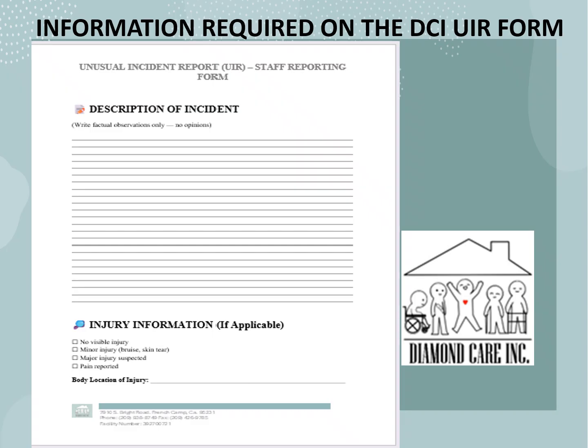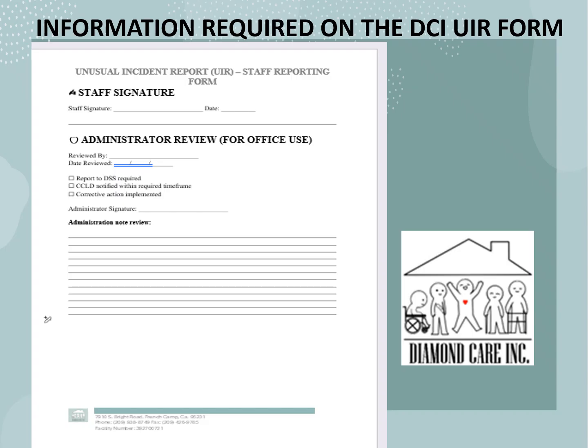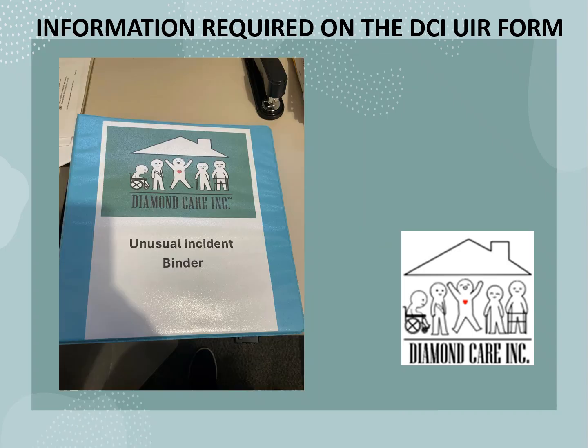And then injury information: if there was no injury visible, minor injury, major injury, pain reported, body area of injury, okay? And then you're going to go ahead and sign it and date it on the very last page. And then administrative review, myself, Gloria, care supervisor, somebody is going to finish out that last section right there.